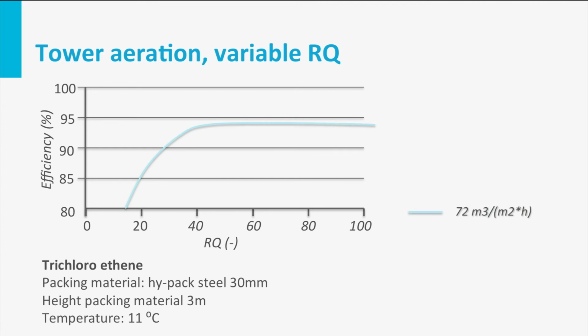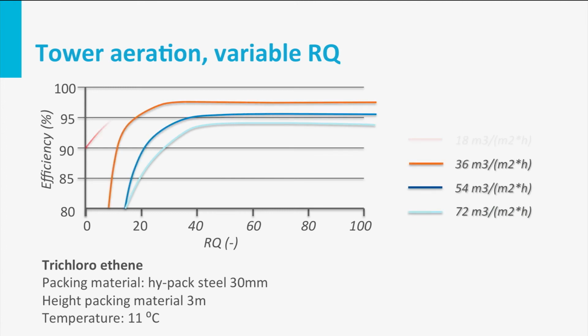Tower aeration is not very sensitive to variations in hydraulic load. It is, however, sensitive to fouling, which makes regular replacement or cleaning of the packing material necessary if the water contains iron. Tower aeration can also be applied in a pressure vessel. With a vacuum, the gases can be removed from the water.